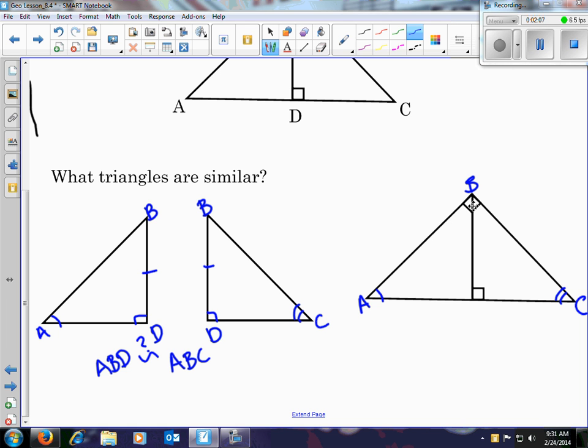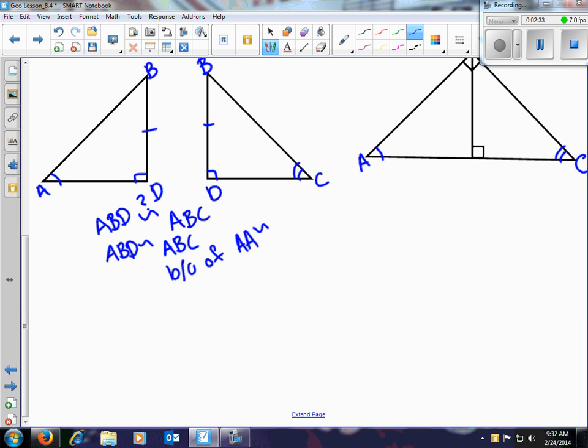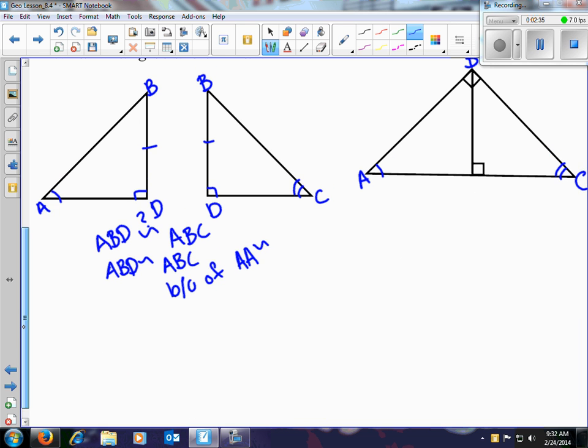Do I have a right angle and one angle of congruence on this triangle? Hopefully your answer is yes. So I can say that ABD is similar to ABC because of angle-angle similarity.